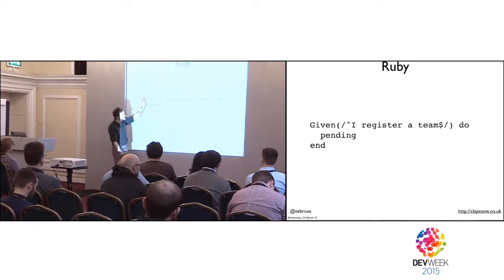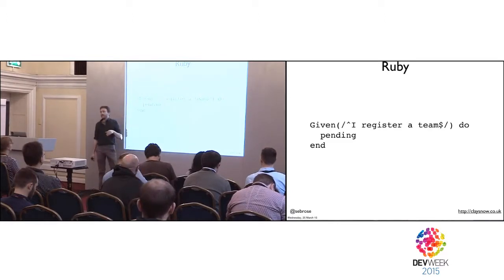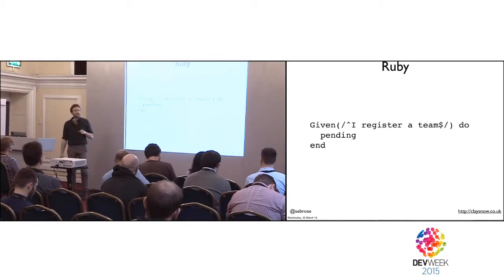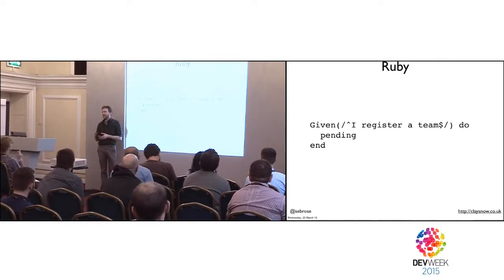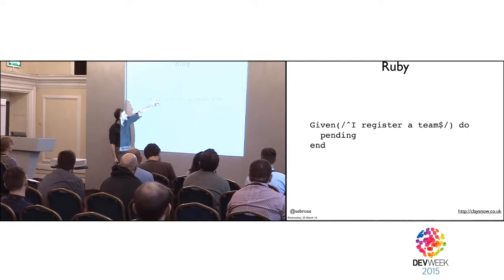It then has parentheses, and in Ruby, everything between these slashes is treated as a regular expression. I don't know how conversant you are with regular expressions. For people who know it, I don't want to teach my grandmothers to suck eggs. And for people who don't, I don't want to blow your brains out. So I'm going to do just a few very simple things in regular expressions. This means the beginning of the line.